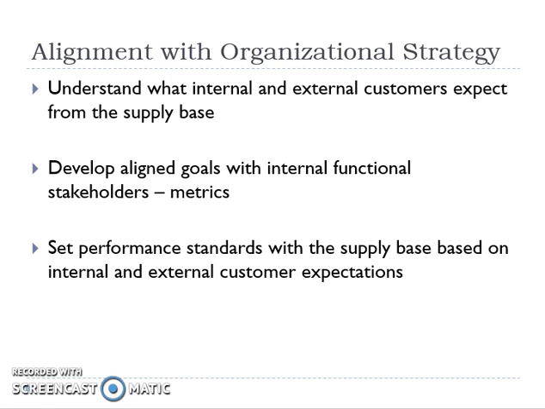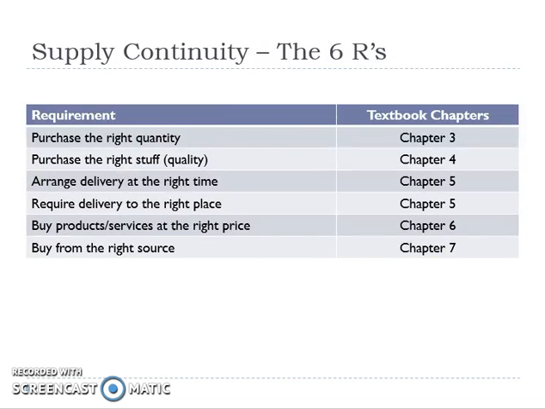Let's talk about supply continuity. In the context of supply continuity, we're talking about the 6 R's of purchasing. Over the next few weeks, we're going to tackle each one of these. Starting with purchasing at the right quantity, the right quality, or the right stuff, the right time, place, price, and source.